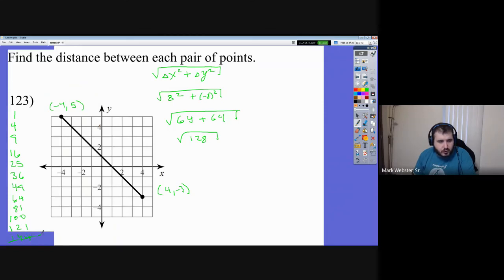That's too big, so I know that that's out. We can go through and we can divide, right? 121 doesn't go into 128 evenly. 100, no. 81, no. 64 does, though, right? 128 divided by 64, it better be 2.